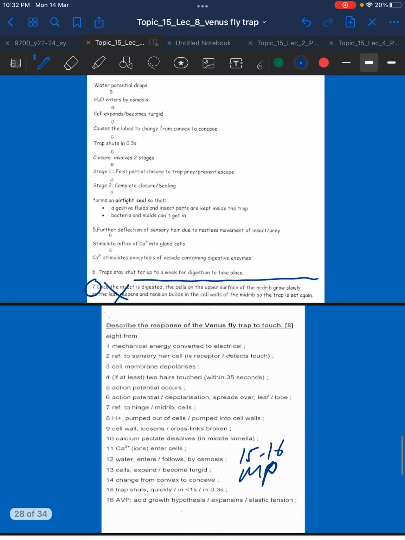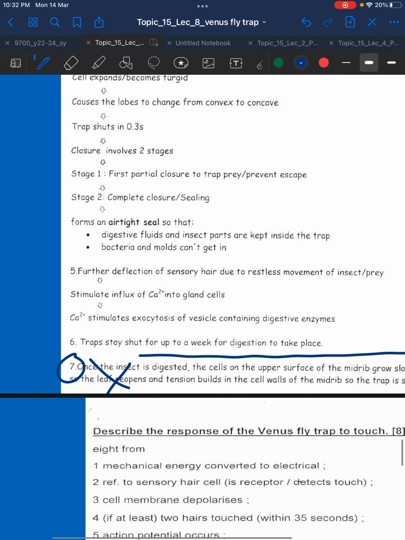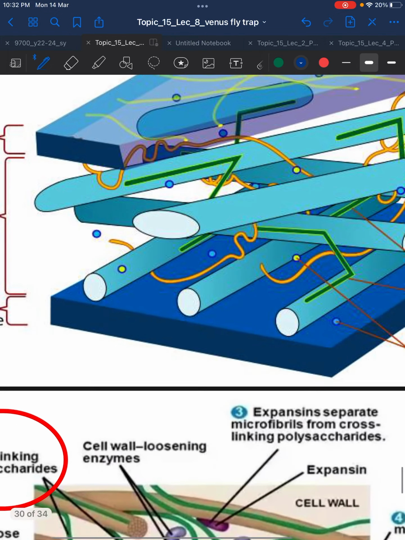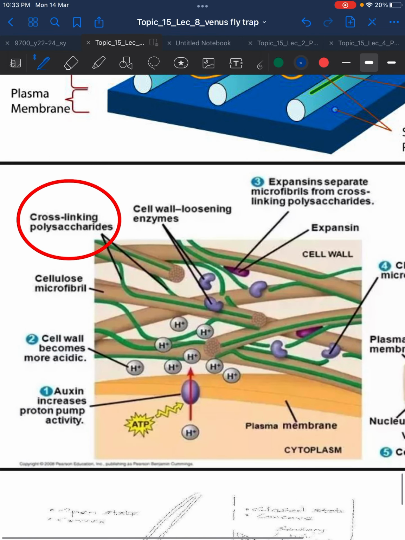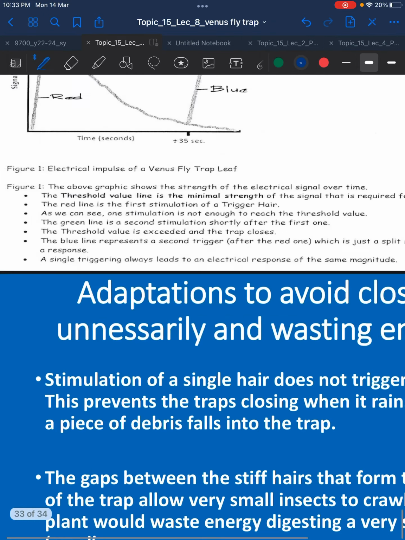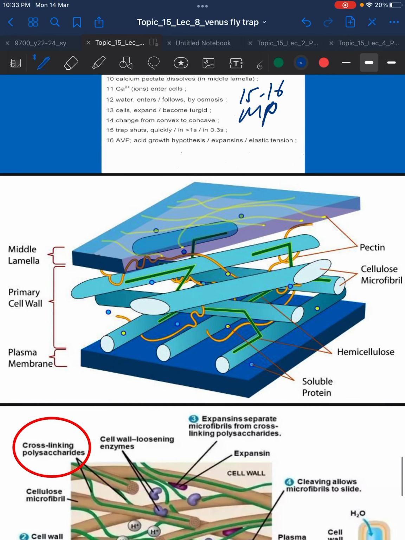All right, what do we mean by cellulose cell wall cross-link being broken? The cross-linking polysaccharides normally involve pectin and hemicellulose.